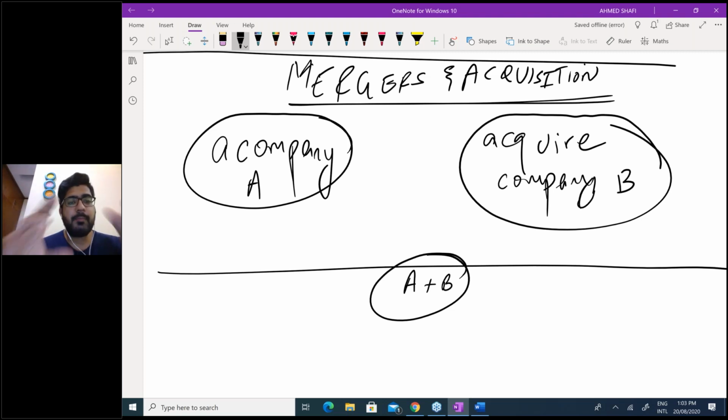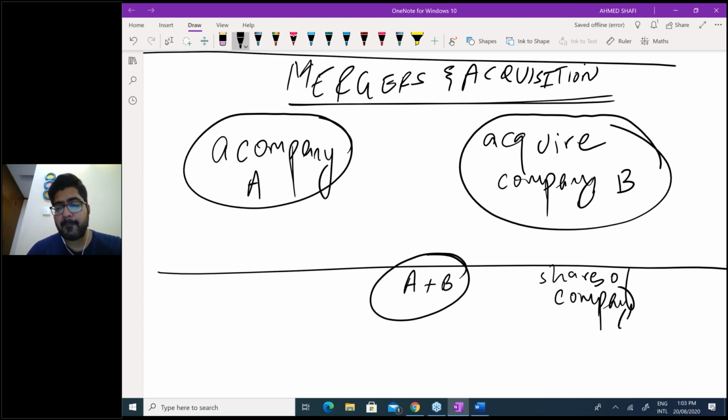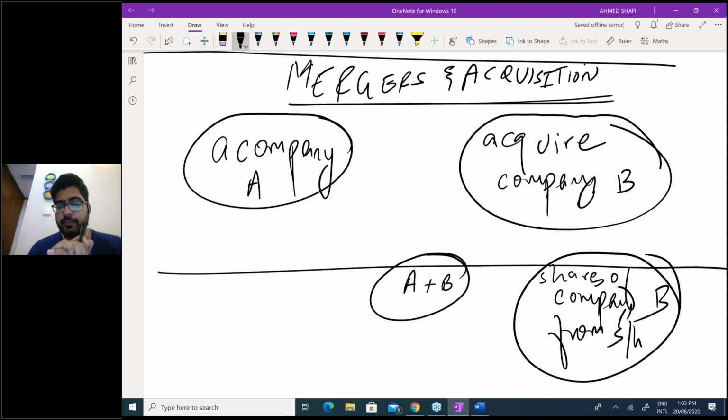Remember, company A would not acquire assets of company B. It would not acquire liabilities of company B. It would just acquire shares of company B from shareholders. Correct? It will just acquire shares, equity. Because once you get the shares, all assets and liabilities are yours. Remember? Assets.